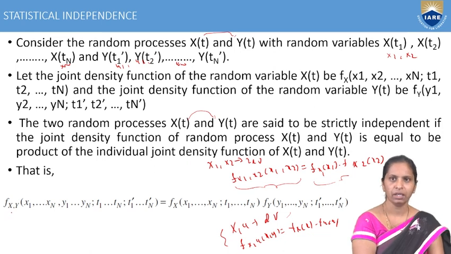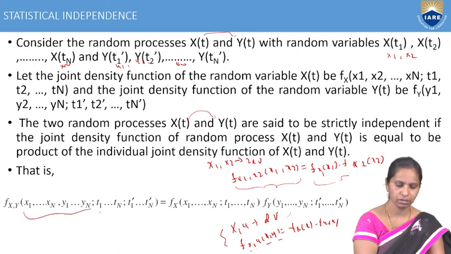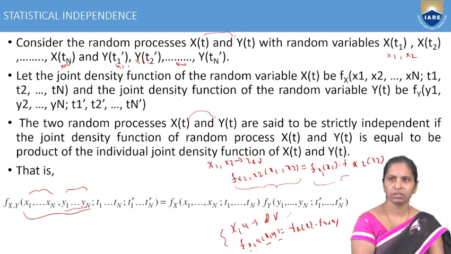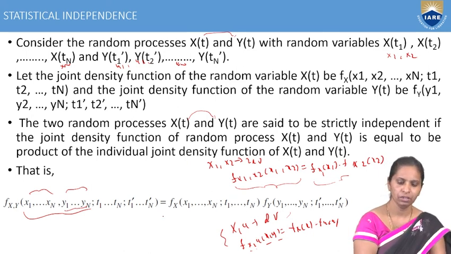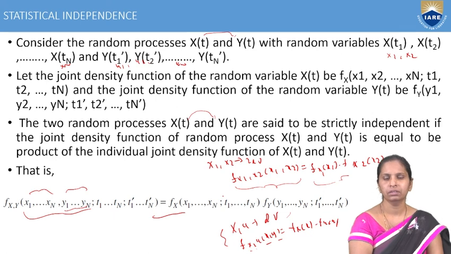That is fxy of x1, x2 and so on xn, comma y1, y2 and so on yn at t1 dash, t2 dash, and so on, is equal to the product of the individual joint density functions of x of t and y of t. So this is the condition for two random processes to be statistically independent.